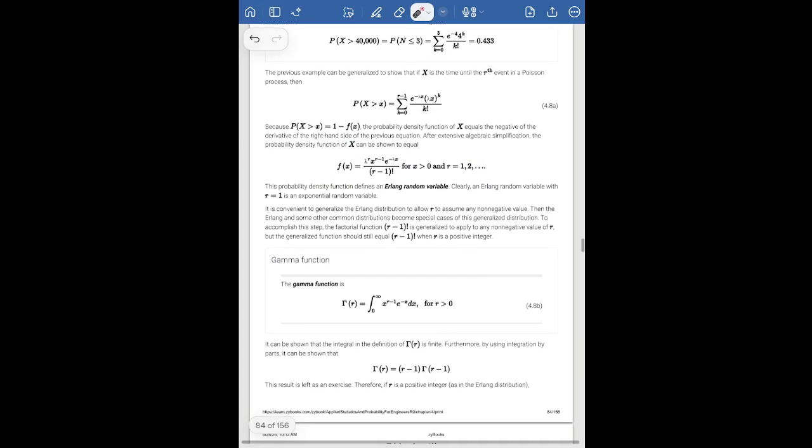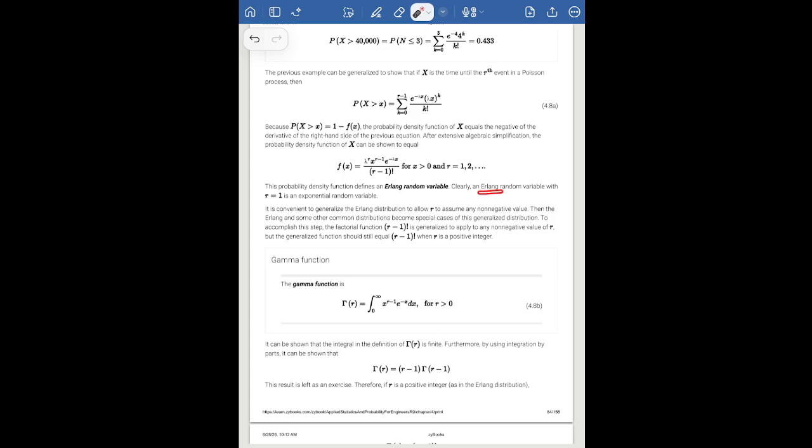What is effectively happening here is we're deriving the Erlang random variable. You follow through the steps one by one, just showing the combinations of the density distribution function or the features of these different types of variables. In this case, this probability density function is what we call an Erlang random variable.